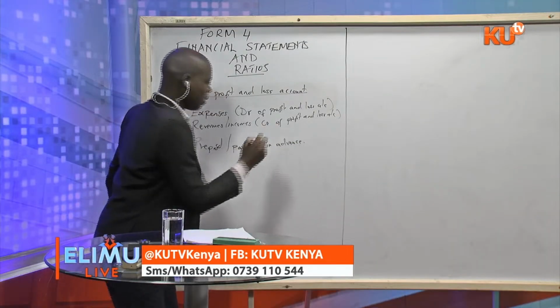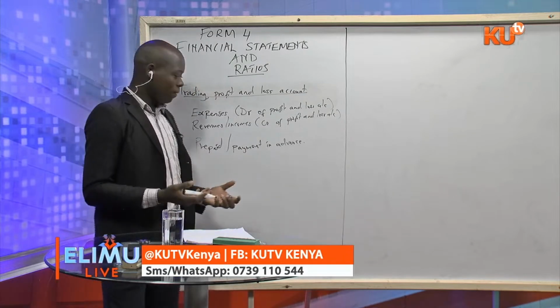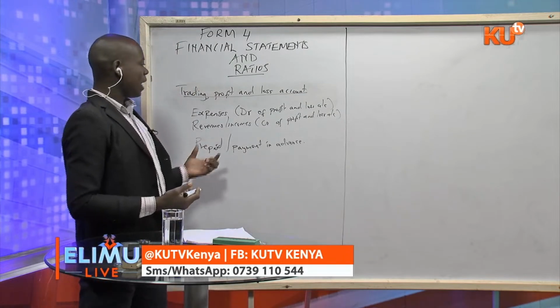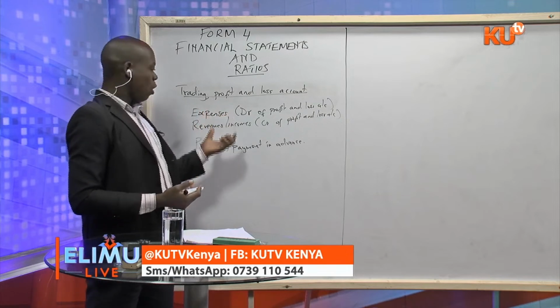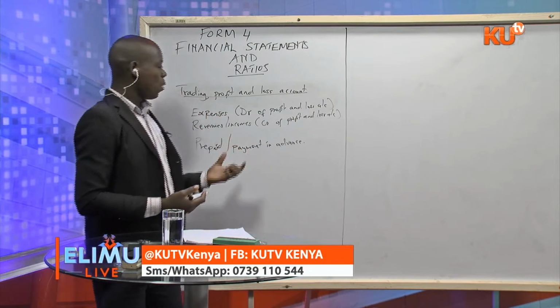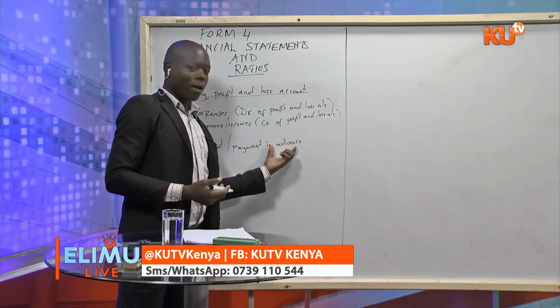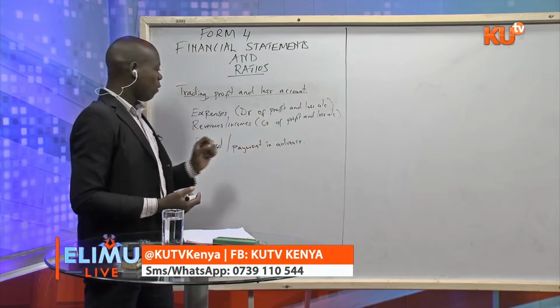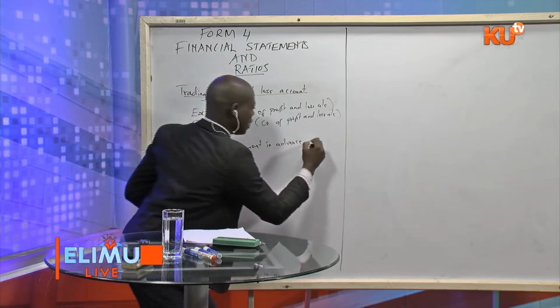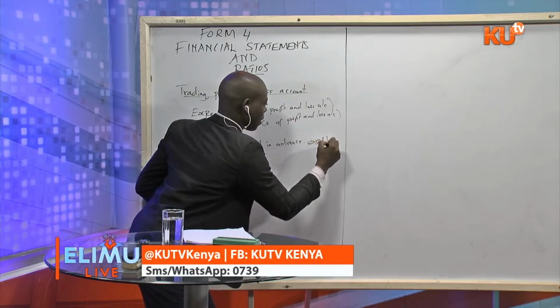If a business makes a payment in advance before the service is given, then to adjust the expense account, we subtract the prepayment from the actual value of the expense.